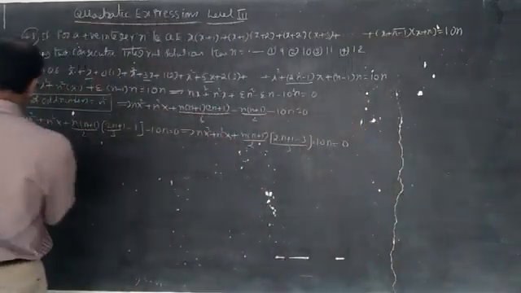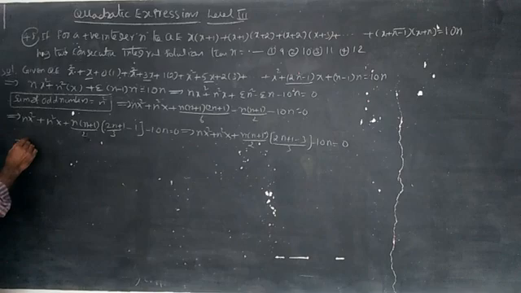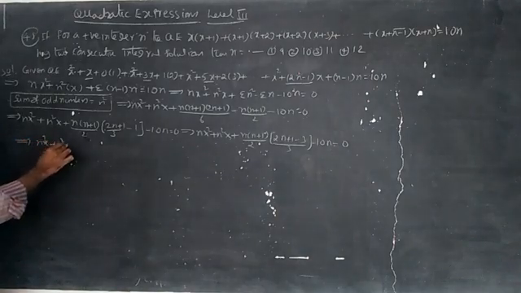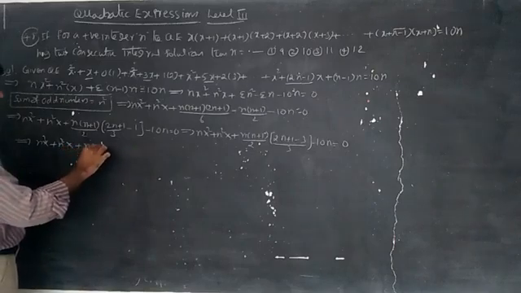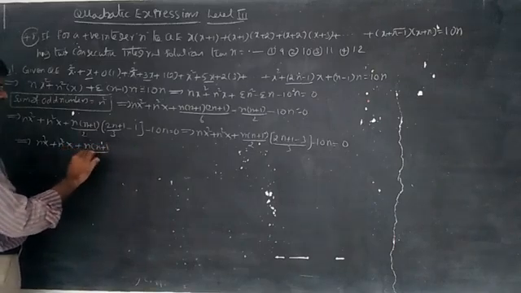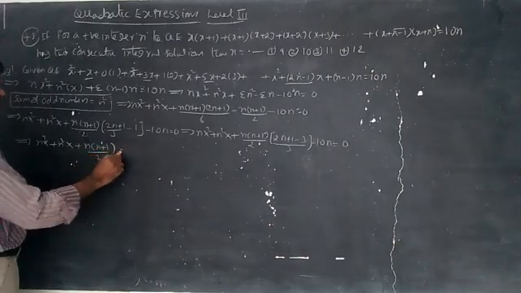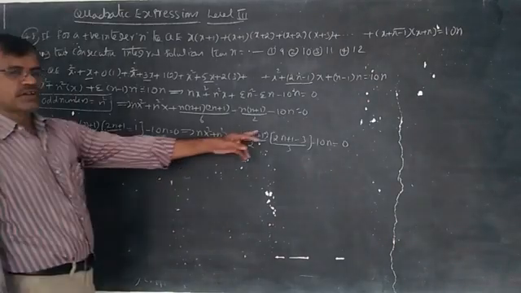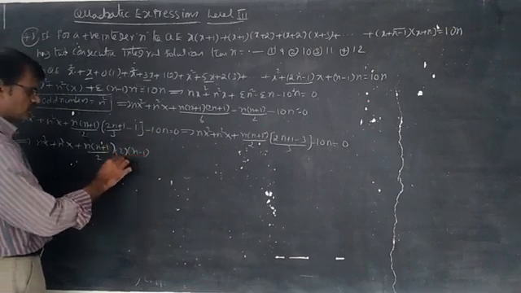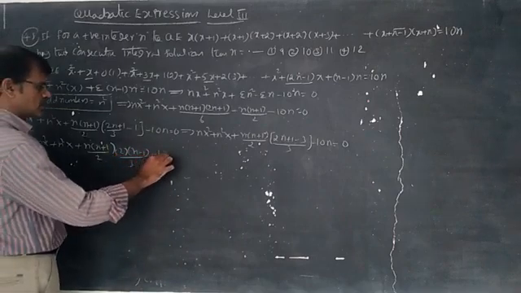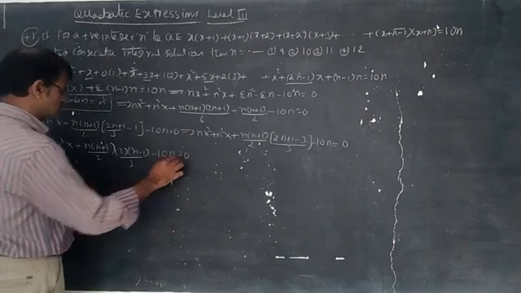That implies n x square plus n square x plus, here you can write n(n+1)/2 into 2 taken common, 2n minus 2, then (n minus 1)/3, minus 10n is equal to 0.